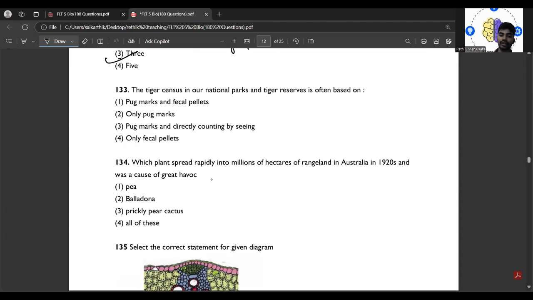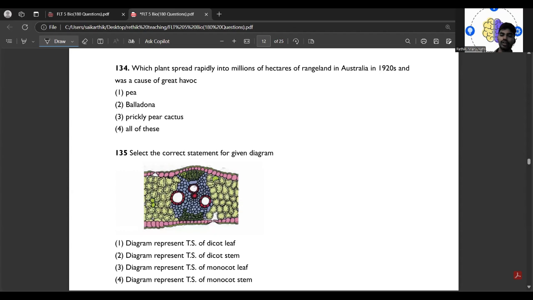133 is the tiger, since it is in our national parks, and tiger reservation is often based on pugmarks and fecal pellets. Next is 134: which plant spread rapidly into millions of hectares of rangelands in Australia in the 1920s and caused great havoc?